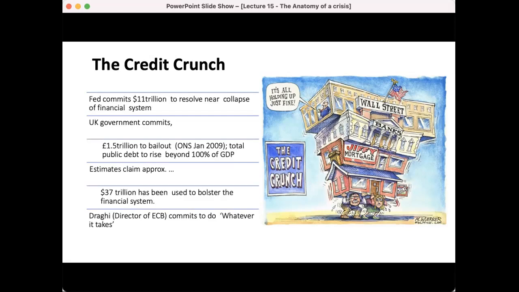So in the US, the Fed commits 11 trillion to resolve the financial system, and the UK government commits 1.5 trillion in terms of a bailout. But in these instances, what happens is that public debt increases. Now, the relationship between the government, the Treasury, and the central bank is a complex one, and we'll talk about that in a minute.